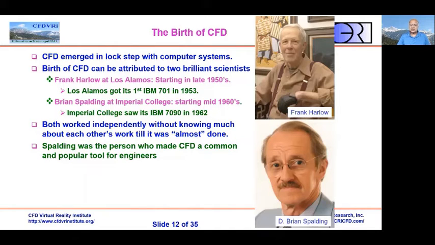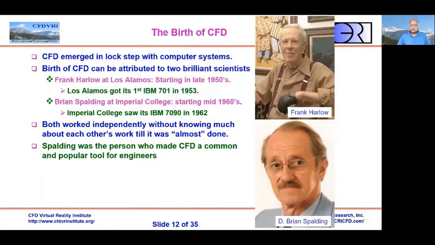Imperial College saw its IBM 7090 in 1962, and soon thereafter, Brian Spalding at Imperial College started using it for fluid flow problems. The interesting thing is that both worked independently without knowing much about each other's work till it was almost done. These are the days when there was no internet, telephone, you had to go through an operator, and airlines were very expensive for the average person.